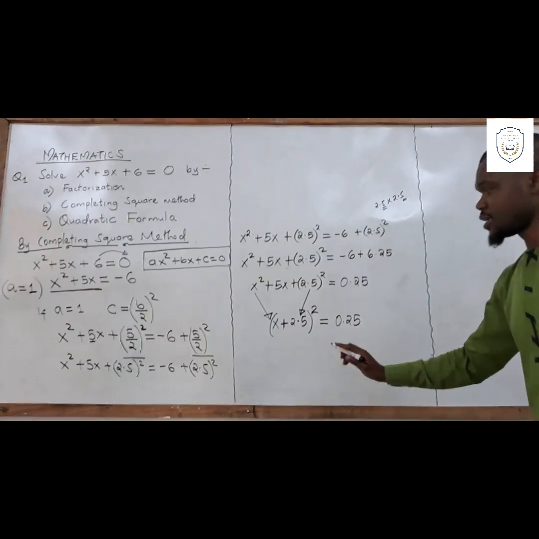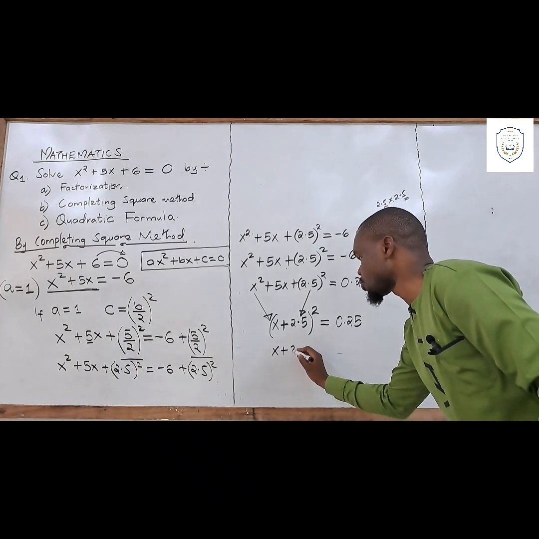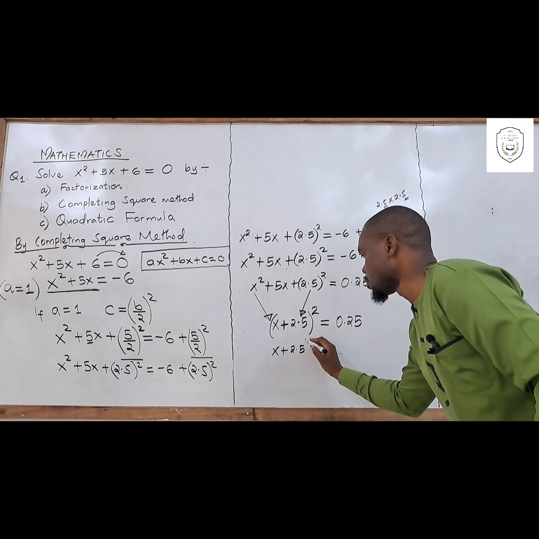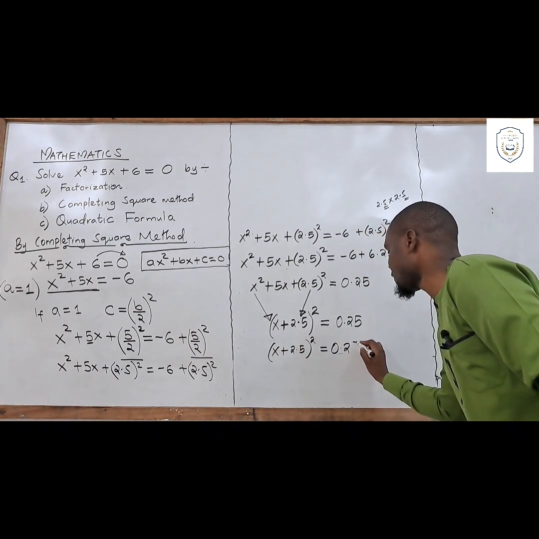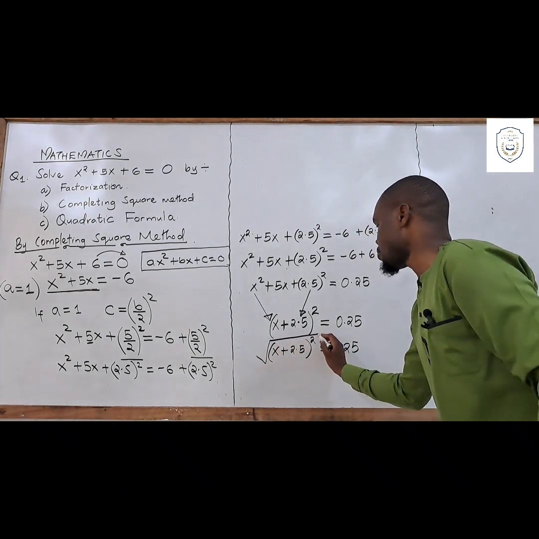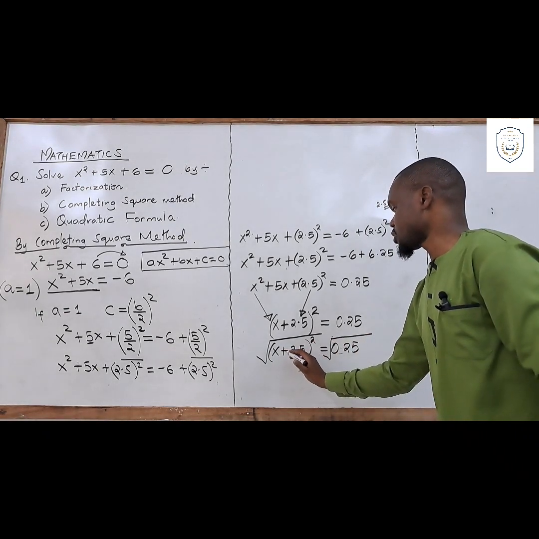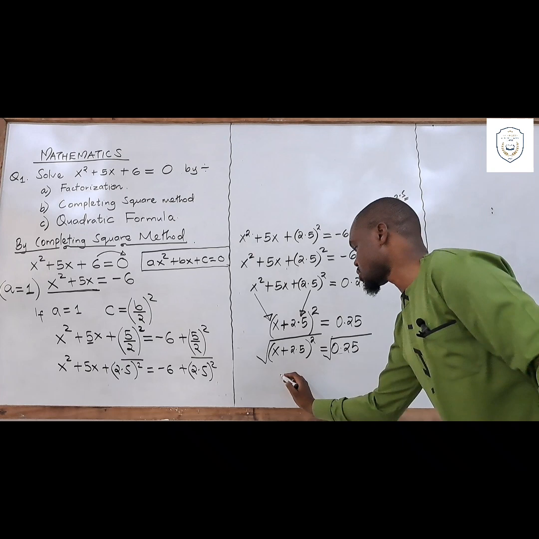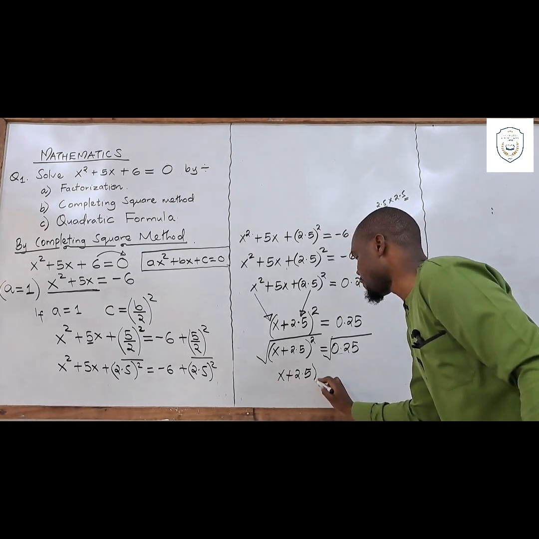When you reach that point, it takes you to a point where you're now supposed to say x plus 2.5 squared is equal to 0.25. You can simplify it by getting square roots on both sides. When I get the square root of x plus 2.5 squared, the square root just becomes x plus 2.5.